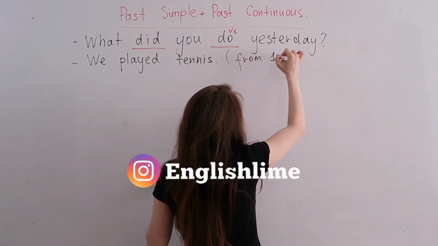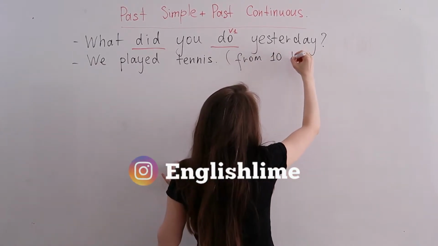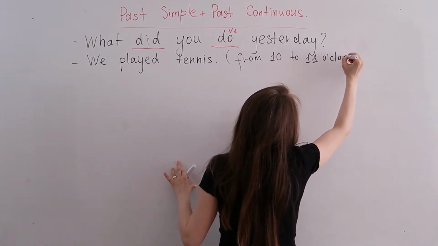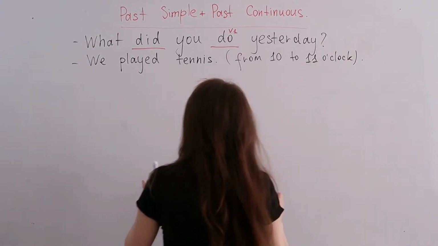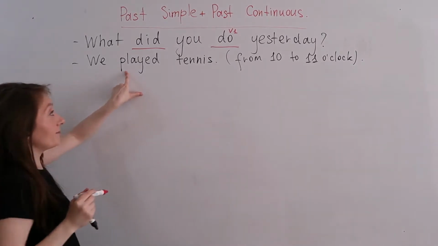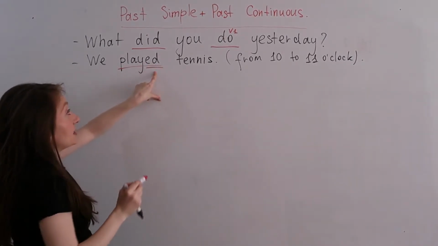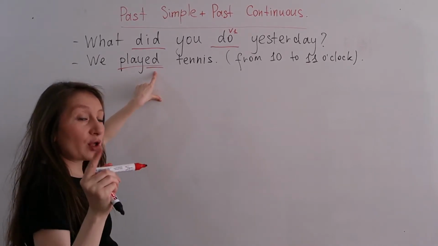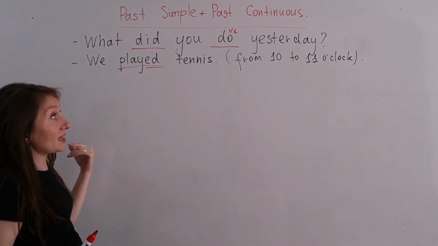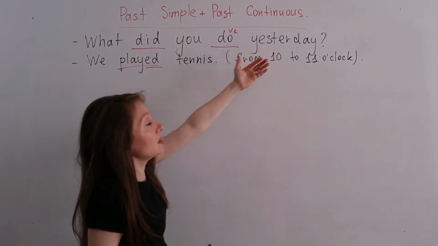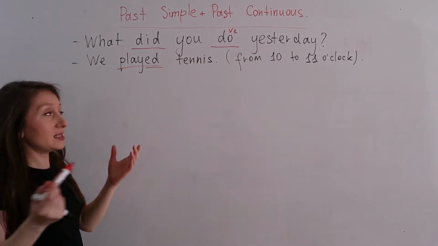Imagine from 10 o'clock to 11 o'clock. All right? Plus, we have the verb, you see from ed ending, it's past simple regular verb. We played tennis. You don't need to say yesterday because the question is yesterday. You just answer, we played tennis.